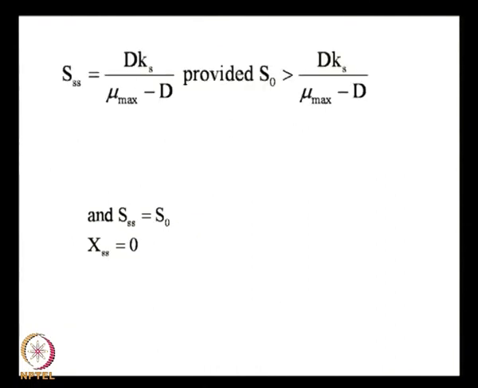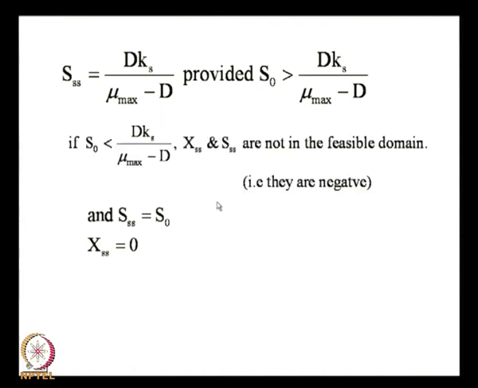Okay. So, the steady state solution for the substrate is given by D Ks over mu max minus D. So, this has to be satisfied: S naught greater than D Ks over mu max minus D. Because mu max is greater than D, the denominator is positive. So, there are two criteria that we have to satisfy.